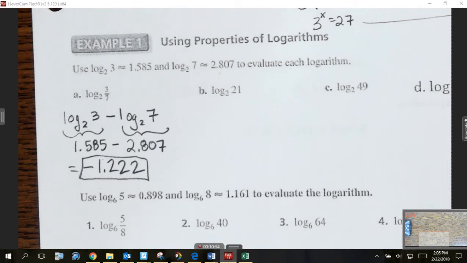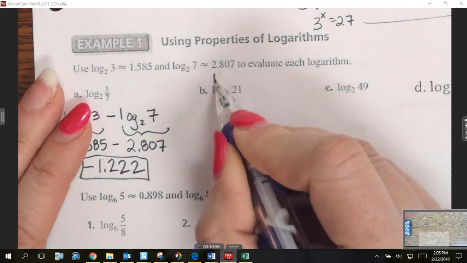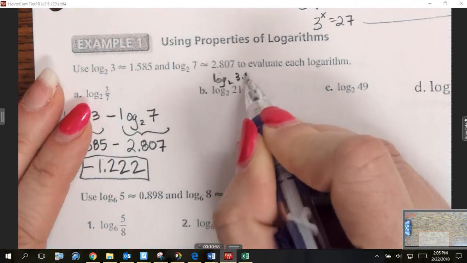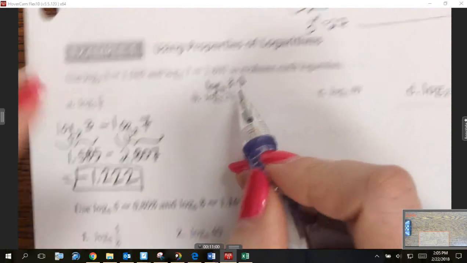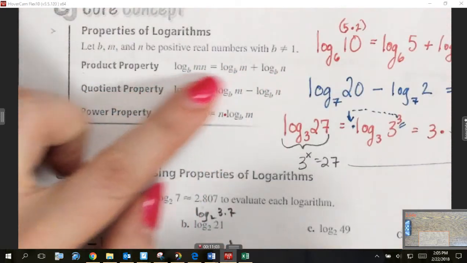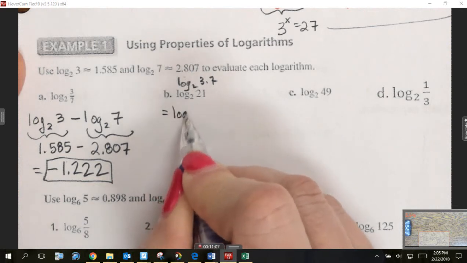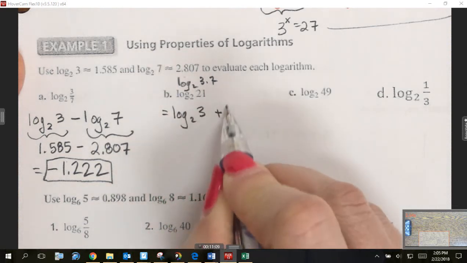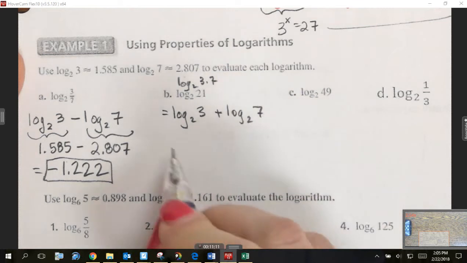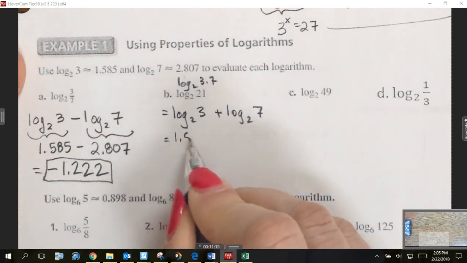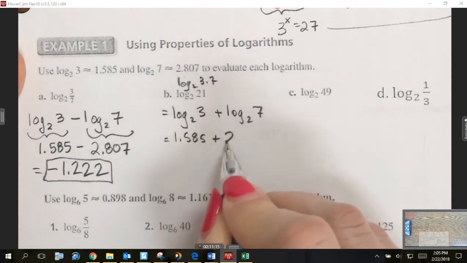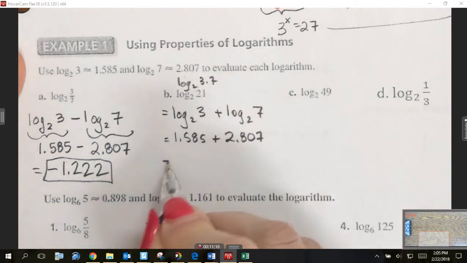Multiply them together. So this would be the same thing as log base 2 of 3 times 7. If we're multiplying using our product property, it says you're going to expand it with addition. Log base 2 of 3 plus log base 2 of 7. So that's 1.585 adding 2.807.